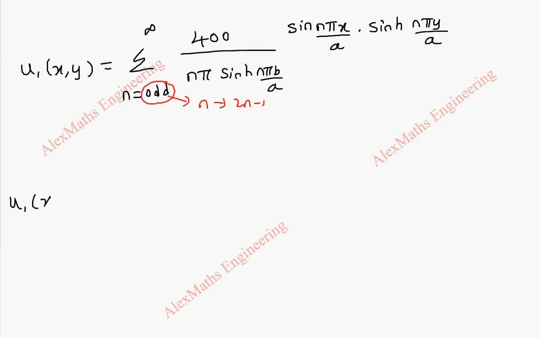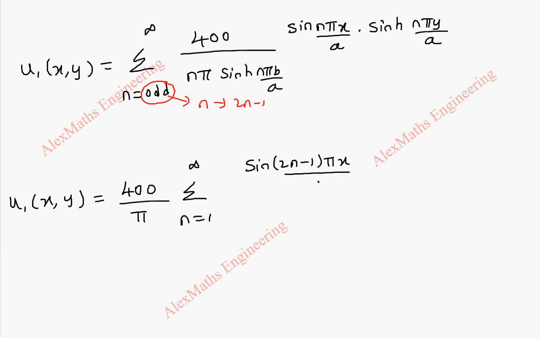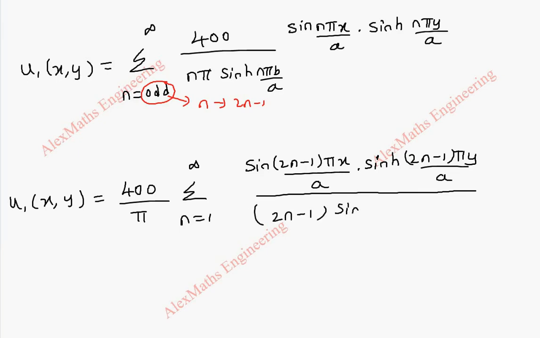So finally, u1 of x comma y becomes 400 by pi summation n is from 1 to infinity, and in the numerator we have sin((2n minus 1) pi x by a) into sinh((2n minus 1) pi y by a), whole division by (2n minus 1) sinh((2n minus 1) pi b by a). This is the first part of the solution.